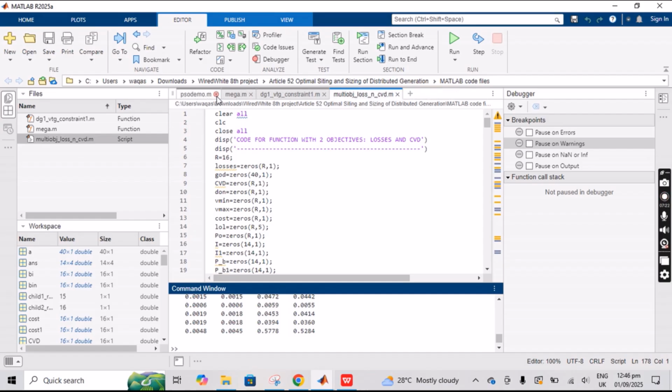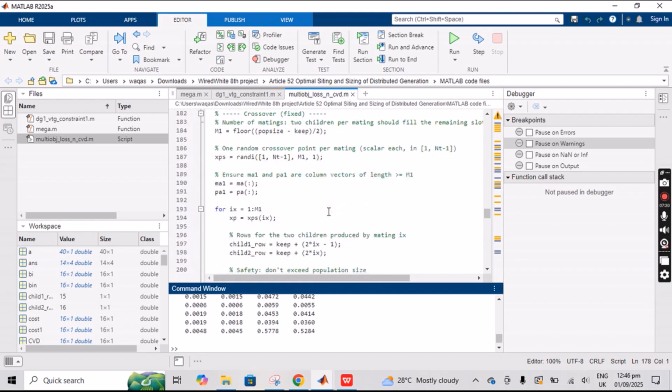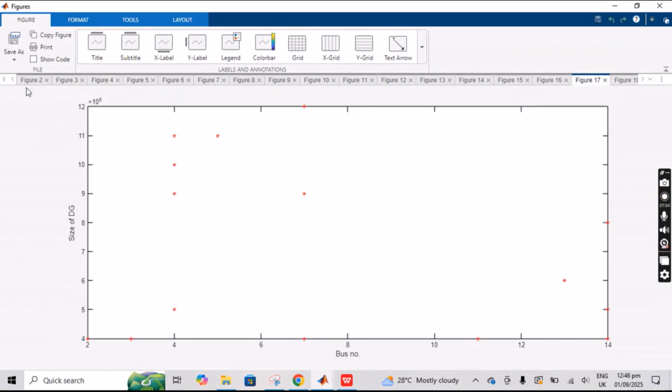Yes, this one. The core loss function with objective losses: when you run the system, you will get the output like this, for example here. These red dots display the distribution generation at different levels.